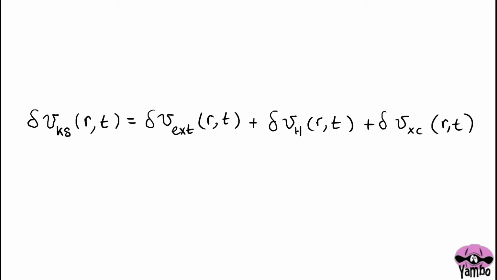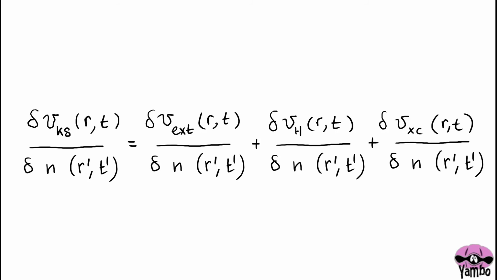So the variation of the Kohn-Sham potential is equal to the variation of the external potential, that is the initial external perturbation applied to the system, and then also to the variation of the Hartree and exchange correlation potential, which is a consequence of the fact that the density is changing, and those quantities are functionals of the time-dependent density.